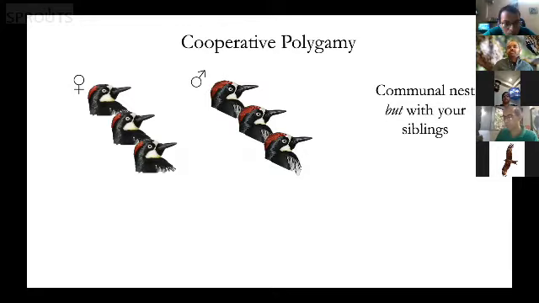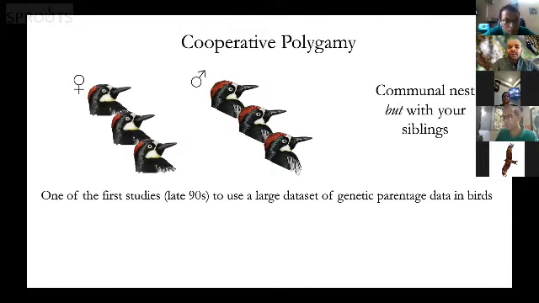Okay, so this was a really cool system that was discovered in the 80s, and the Acorn Woodpecker Project was one of the first to use large genetic parentage data to understand how this comes about.